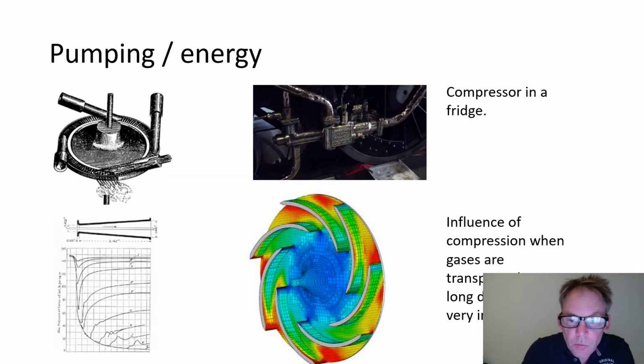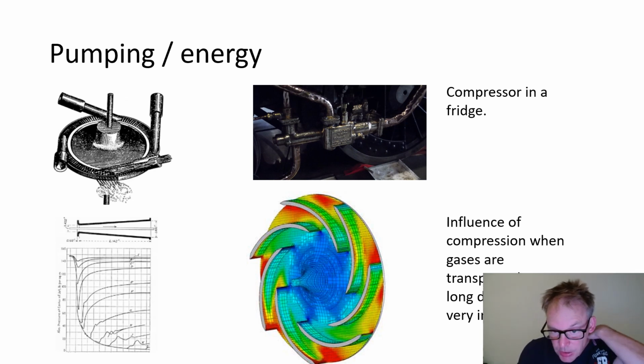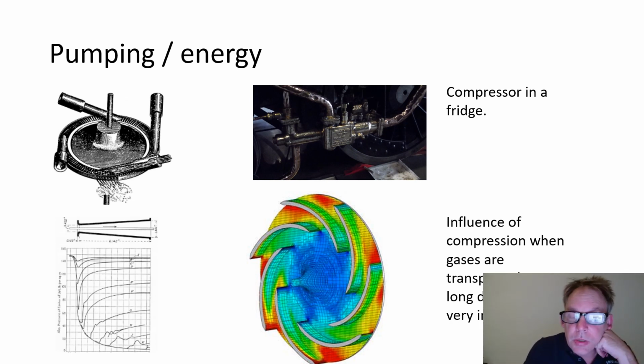So when we want to pump things and we want to exert thrust, we want to compress gases in order to pump them. If we look at the notional design of a fridge, I think this is the original. I think this is a steam pump.